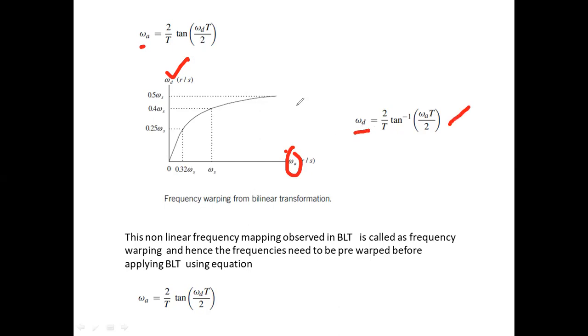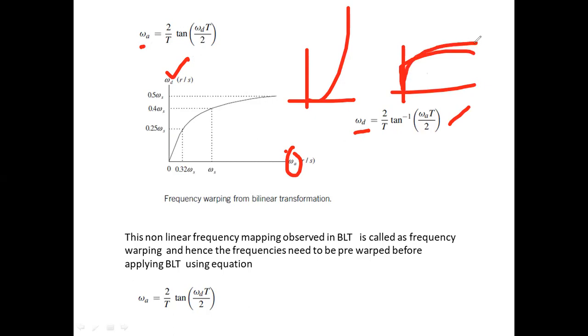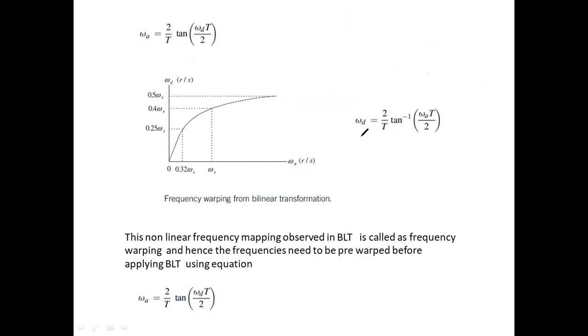What did I tell you? The normal tan function is this particular curve, an exponential curve. So the tan inverse function is going to be a saturation curve. That's why you can see the digital frequency behaving this way. What is the method, by the way? Bilinear transformation. What does it suggest?